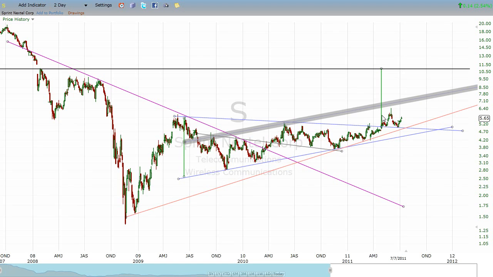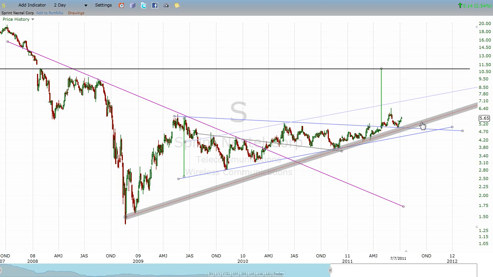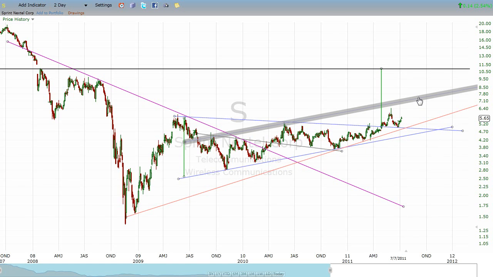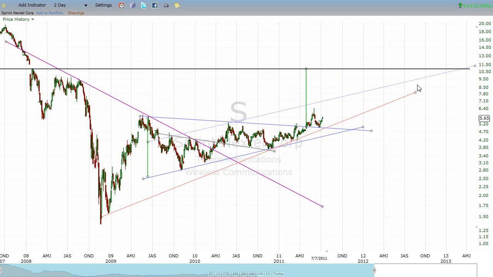The trick is, if this continues to act as support, then it's not going to come back to this line. And I kind of suspect that will not happen. So I'm looking for Sprint to probably at some point in the months ahead mount a rally and either take out this line right here or stay with it for a while and reach that target.